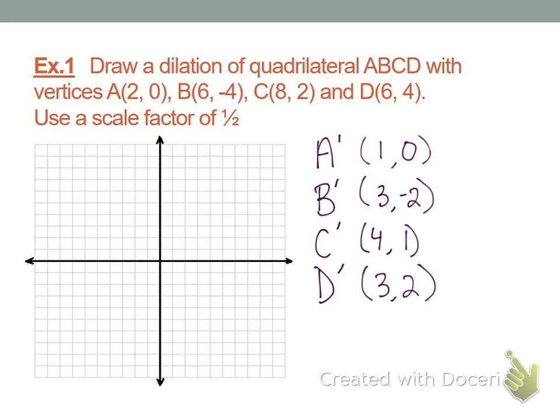Okay. So they did not ask us to graph the original figure. You can if you want to, you don't have to. We do need to graph the dilation. I am assuming that you guys know how to graph points by now. 1, 2, 4, 1, 3, 2.